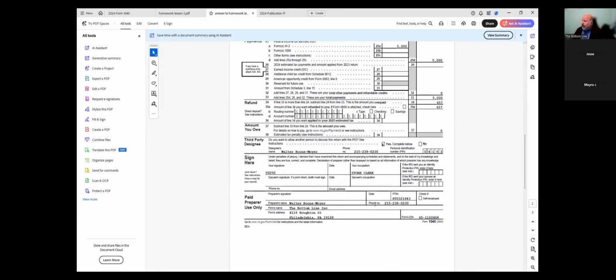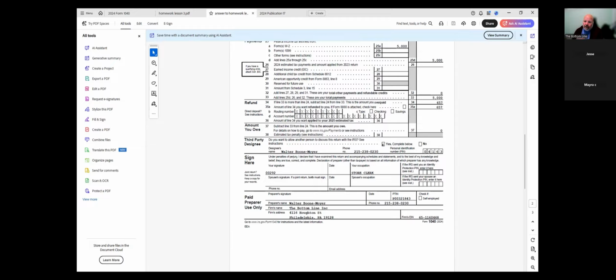When I first started doing taxes, you had to put your Social Security number in, and there was a lot of controversy because I was giving my Social Security number out to 300 or 400 people every year. Now we can just use the PTIN, your professional taxpayer identification number.